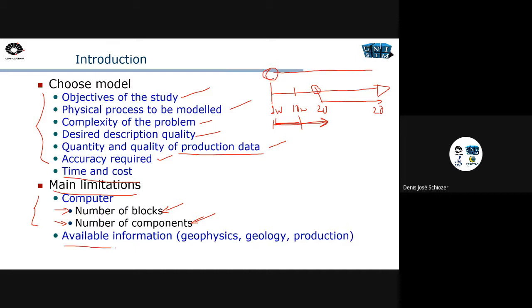And the information, of course, is about production, about lab and geology, geophysics, seismic, and well tests, and so on. This is information. As we have more information, as we go in time here, it's important for us to build models that are more smaller blocks with more components and so on, okay?